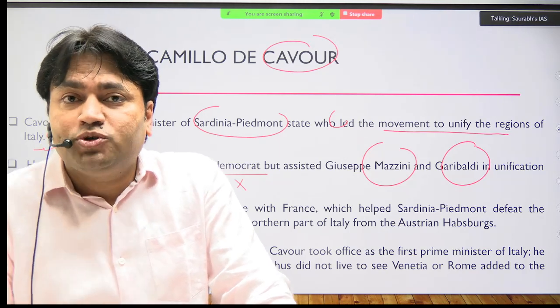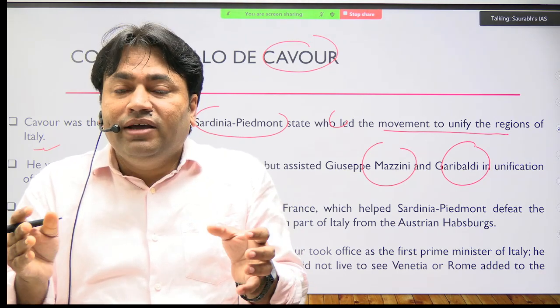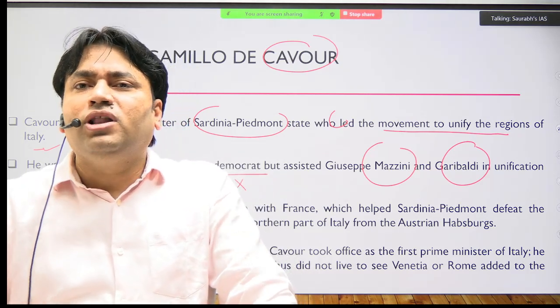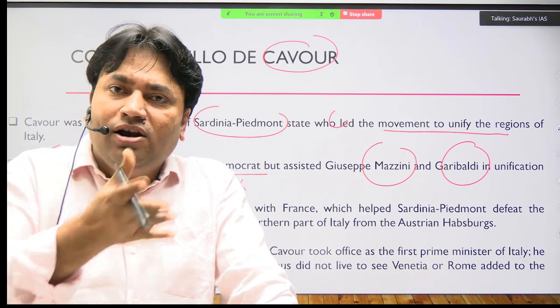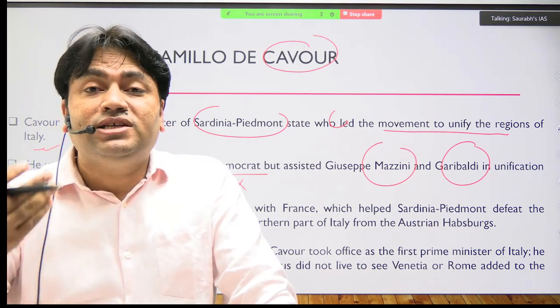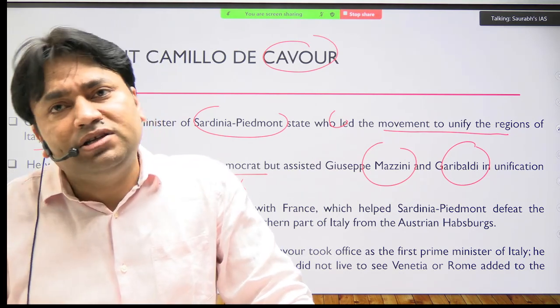There are so many groups, so many ideologies, but ultimately they were fighting for the common cause. This is seen in almost all countries and the independence movements of all countries, that there are different ideologies, they may have different objectives also, they may suggest different models to be implemented, but ultimately they are fighting for the same cause.